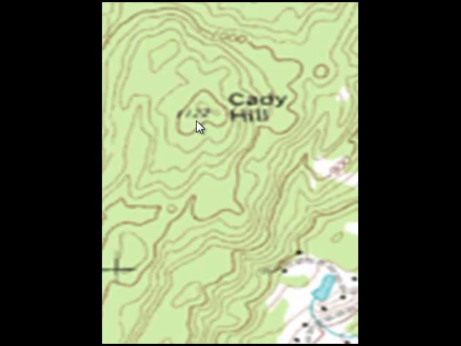The task is to identify what the contour interval is for Caddy Hill. We know that the starting land elevation is 1,000 meters. We also know that the highest point on Caddy Hill is 1,122 meters. However, 1,122 meters is not directly positioned on the contour line.